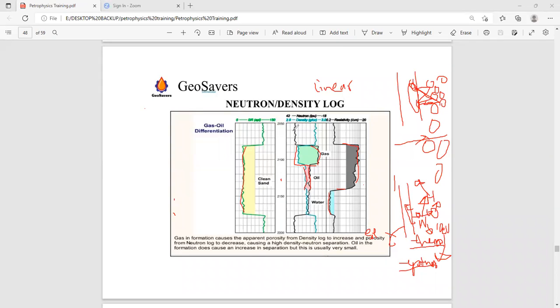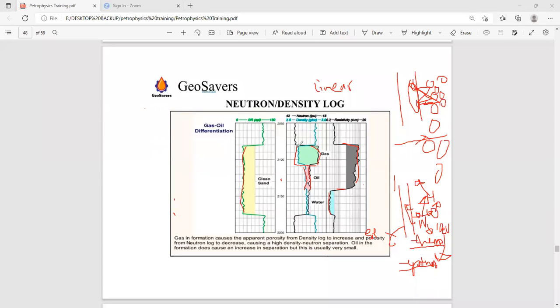Neutron value decreases. And what happens to density? Density value also decreases. Because you have done a cross plot, those two values are going to cross at a particular area. And then you are going to have that balloon effect. So that's why you have that balloon effect.